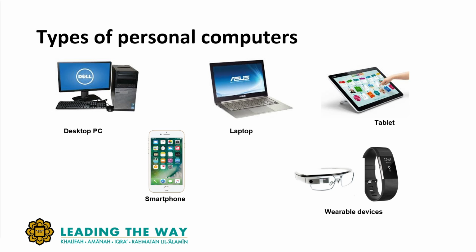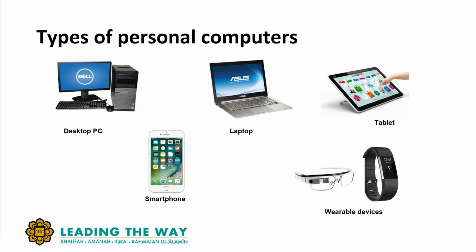The next type is the mobile device, or what we call a smartphone. This type of personal computer is the smallest and is designed to fit comfortably into the palm of one hand. This system contains an entire computer system, including the electronic components, the secondary storage, and the input and output devices.